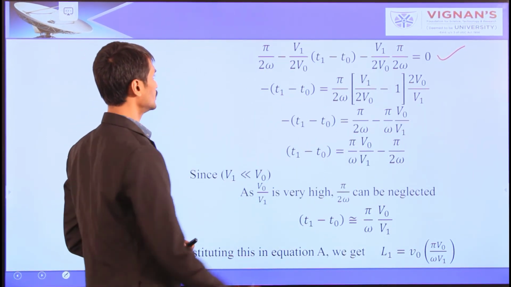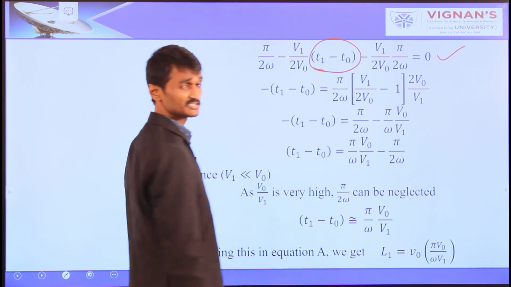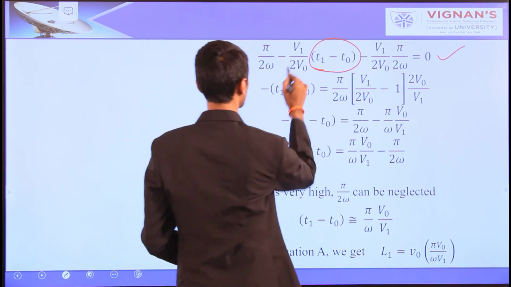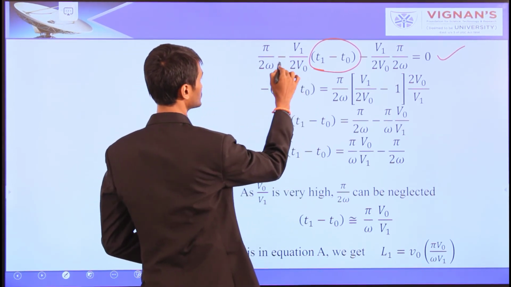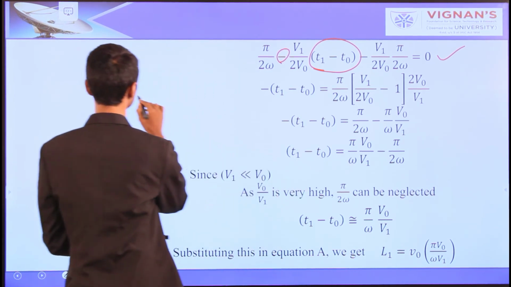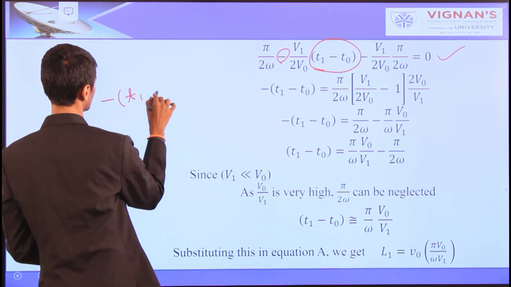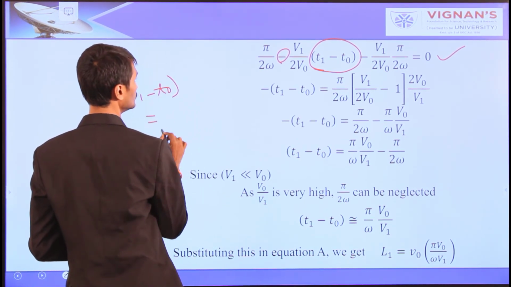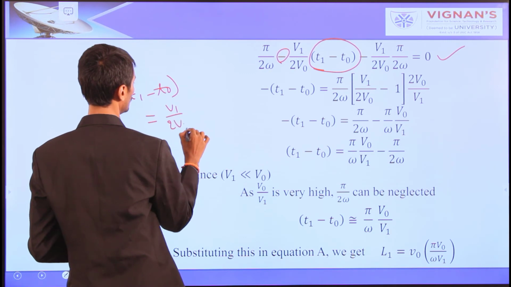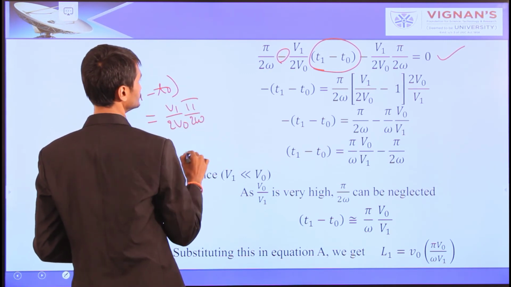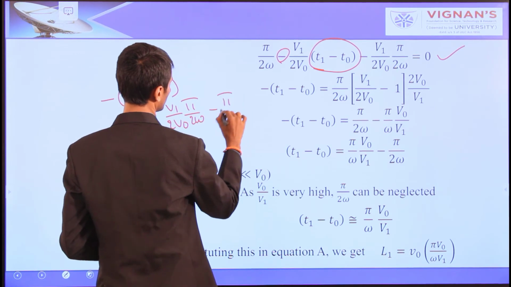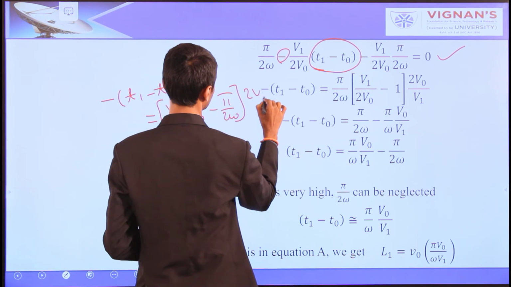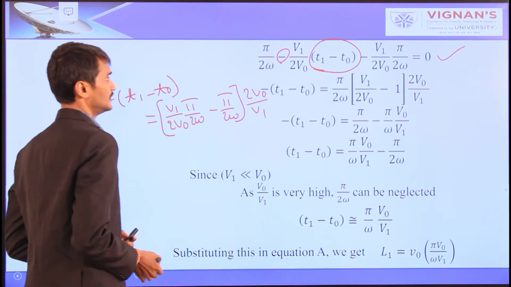From this I want to know what is T1 minus T0. If I take the first term, minus of (T1 minus T0), then the term I am considering is V1 by 2 V0, pi by 2 omega minus pi by 2 omega into 2 V0 by V1.